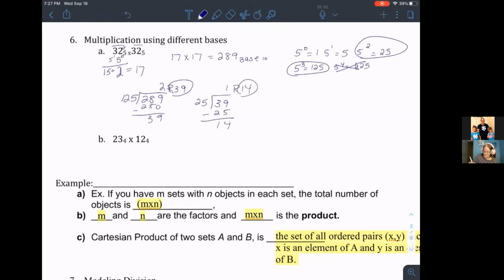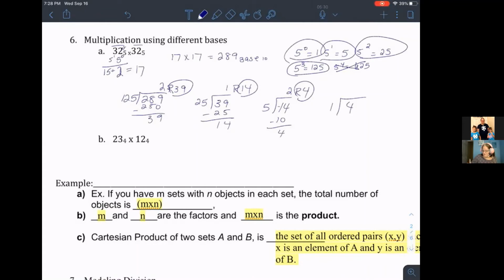So we still have a remainder, so we're going to divide that out by the next place value, which is 5, so 5 into 14 is 2. 2 times 5 is 10. The remainder of 4. Still have a remainder, so we need to reduce it to the last place value.